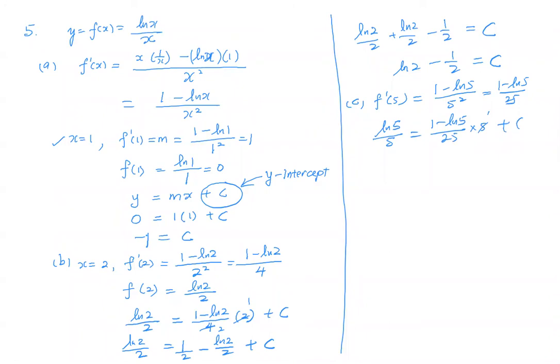Here cancel. So I know that is ln 5 minus 1 over 5. That is your c. So do you see the pattern? So you make the conclusion, then you do for k. You get what I mean?